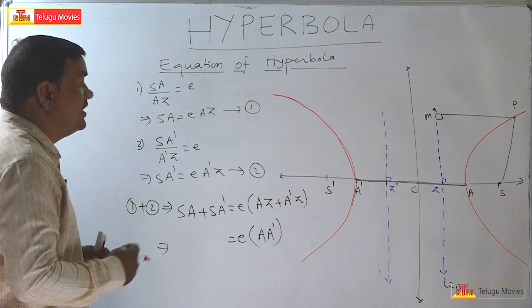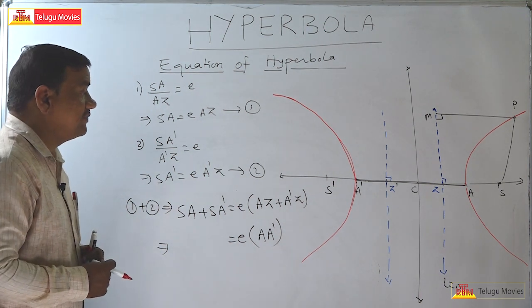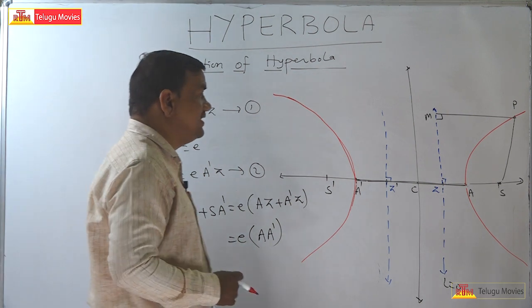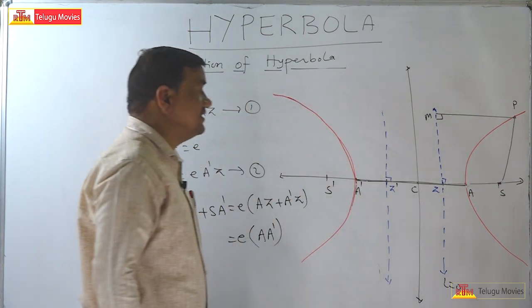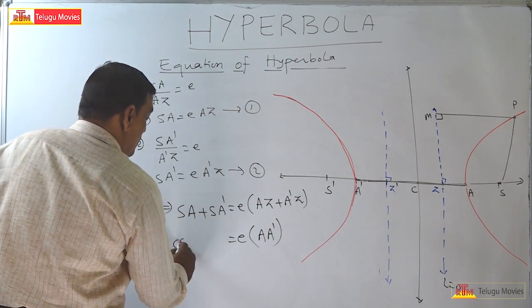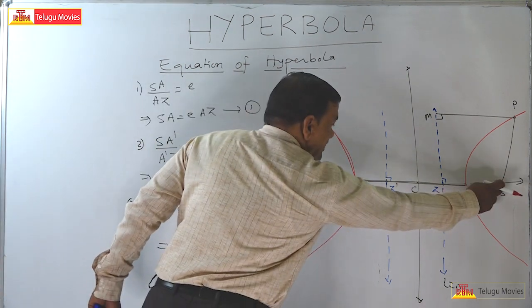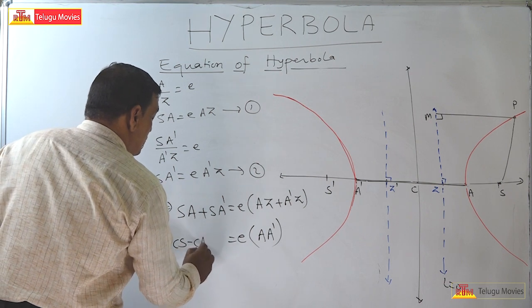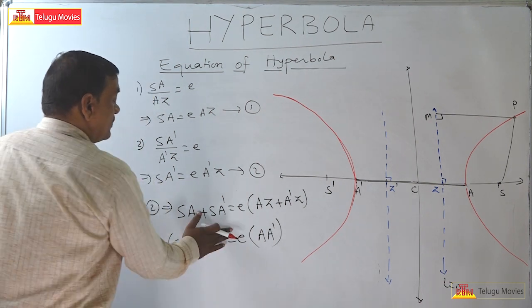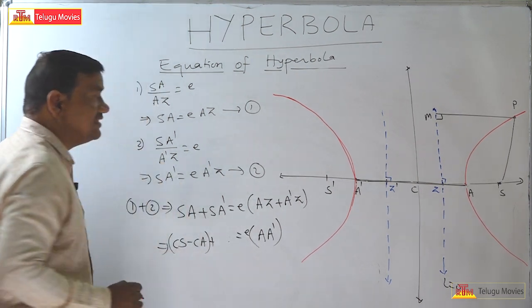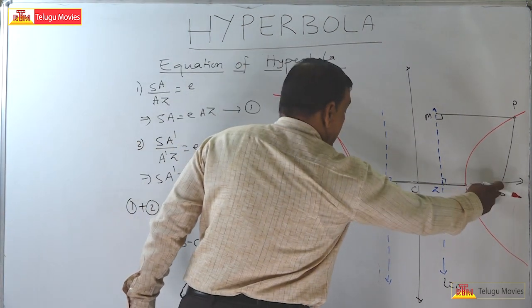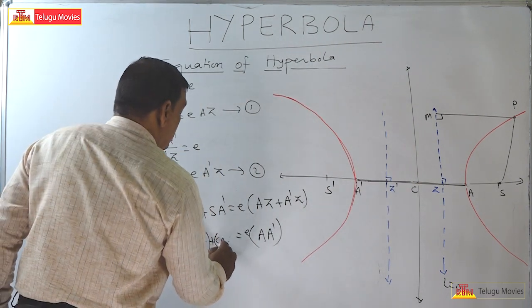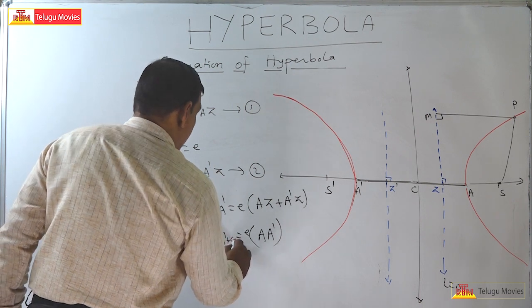Now see here, SA plus SA dash. SA, I will write as CS minus CA, plus SA dash, which I will write as CA dash plus CS.